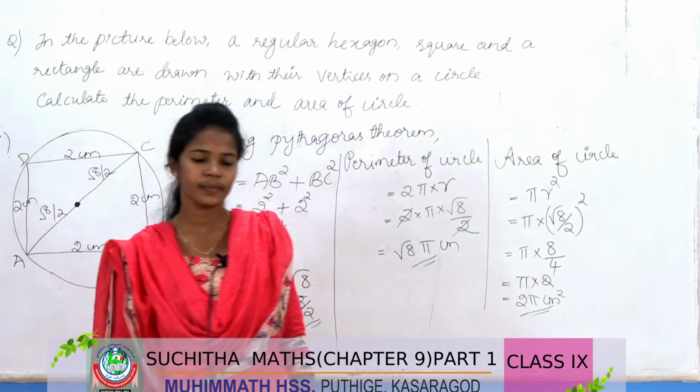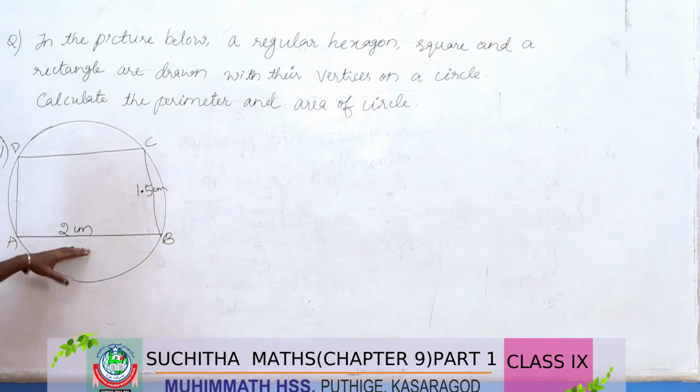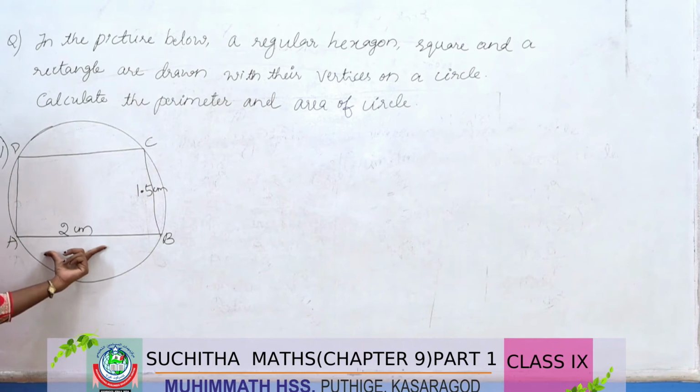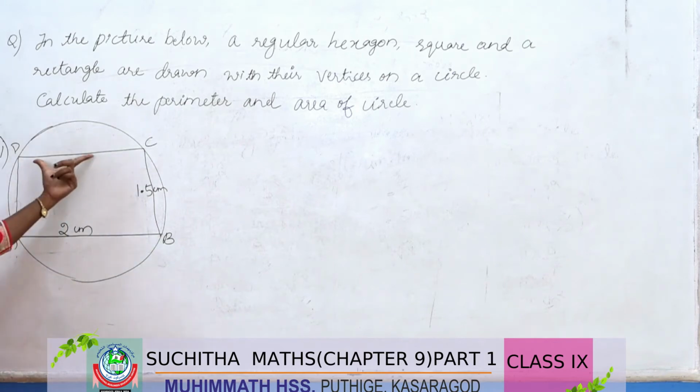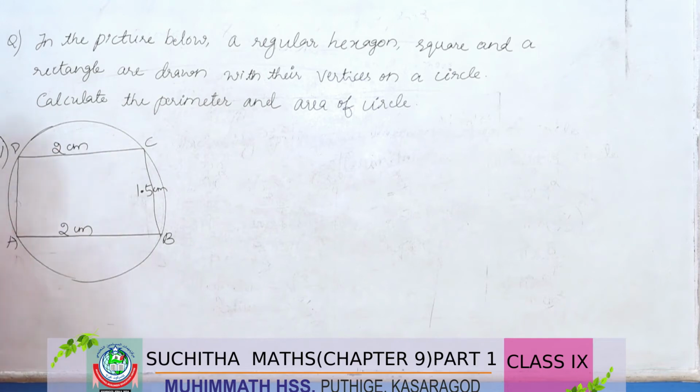Understood? Next, third one. Third one is the circle and a rectangle. Okay, rectangle means the opposite sides are equal. Here the length of AB is 2 centimeter, which is equal to CD. So length of CD is also 2 centimeter.